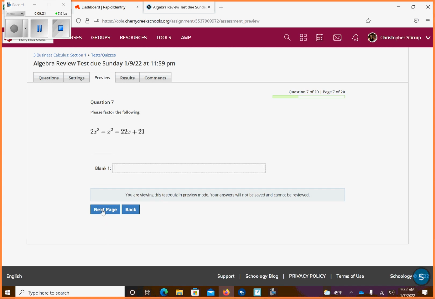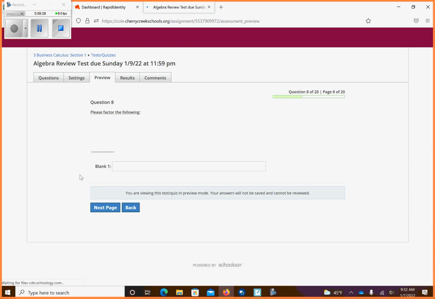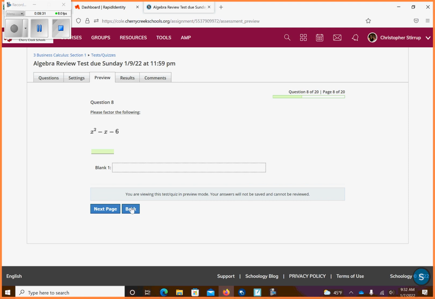Again, please factor. This might be one that doesn't factor apart real easily, and it looks like you might want to use synthetic division on it. Back page, sorry. So what should I do with this problem to start my synthetic division? What do you think? How should I start that?